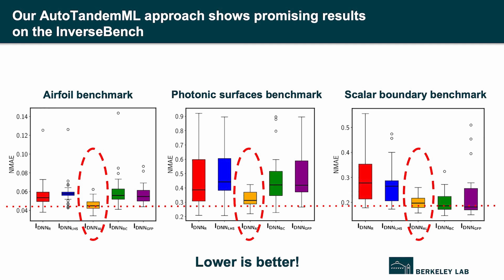We repeated the runs for every method 30 times to account for some randomness. And these box plots capture a lot of statistical information, but the gist is that it should be as low as possible and as narrow as possible. Actually, our method beats every other method on 2 benchmarks and is competitive on the 3rd one, which is the scalar boundary one right here. And all of these other methods we have implemented in our own software framework.